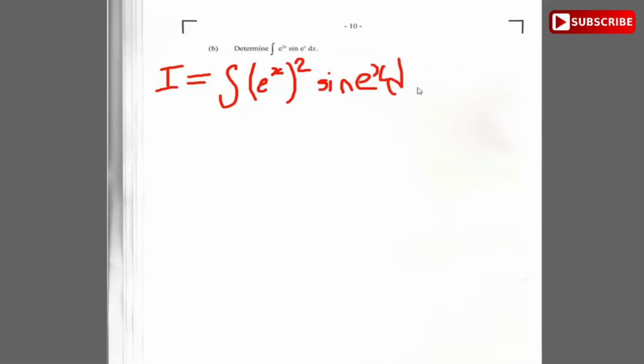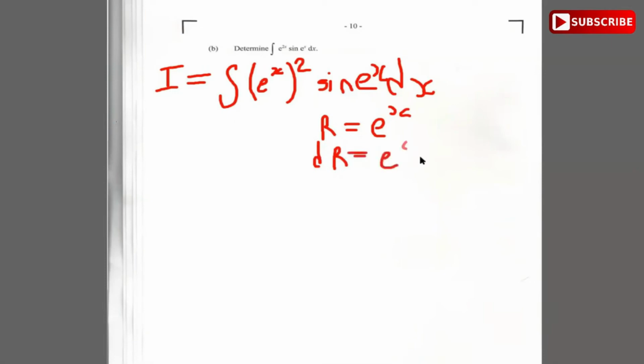Now, if I were to do a u substitution, well, I don't want to use u since I might do integration by parts afterwards. So I'm going to let r stand for e to the x. R is e to the x. And so if r is e to the x, then dr is equal to e to the x dx.